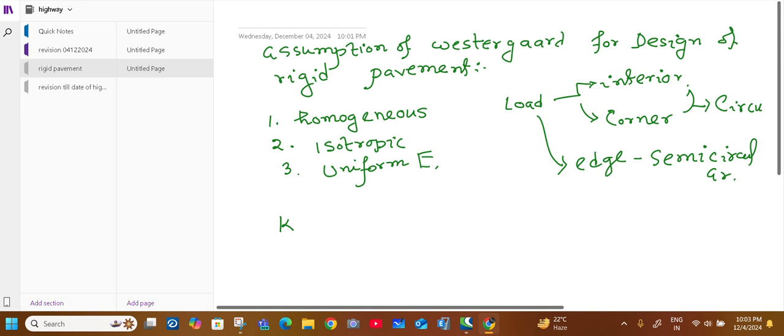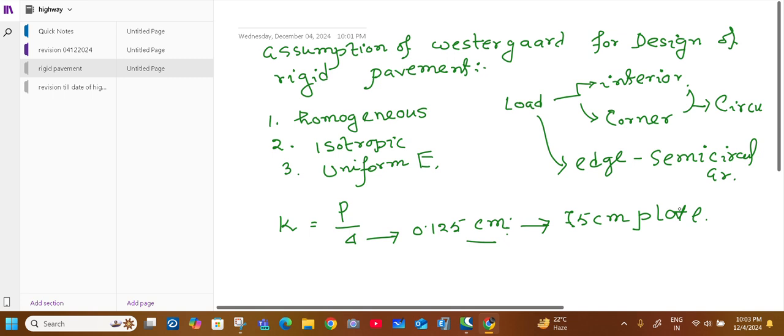So modulus of subgrade reaction is calculated by delta. Delta is 0.125 centimeter, that is taken by 75 centimeter plate. If any other plate is used, we have to calculate these deflections for the 75 centimeter plate.